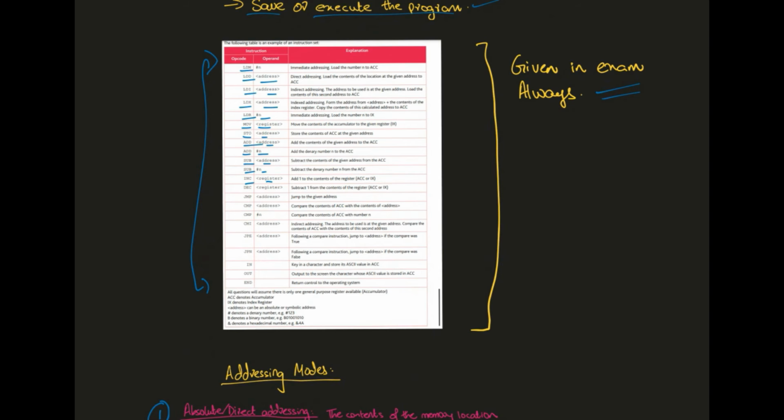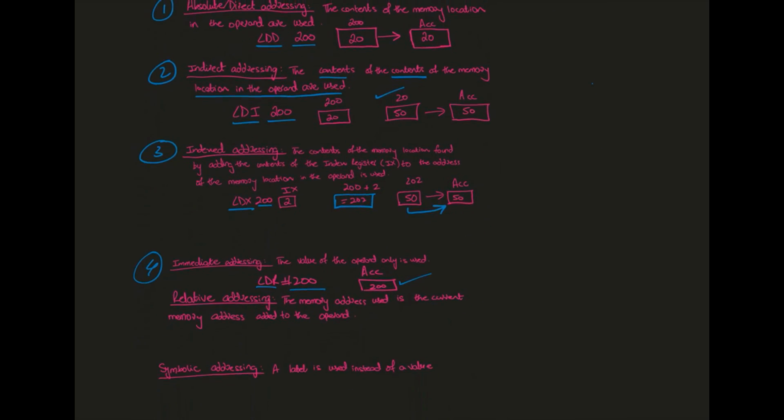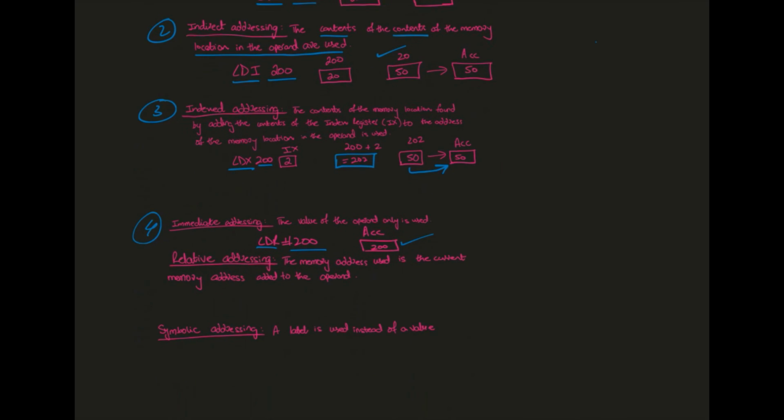This hash is really important because it symbolizes that it is a denary number. You can have a hash for a denary number, a B for a binary number, and an ampersand for a hexadecimal number. This is really important in terms of immediate addressing because you're directly loading the value that has been provided to you. In this case it was, I think, 200, and you were loading the 200 directly.